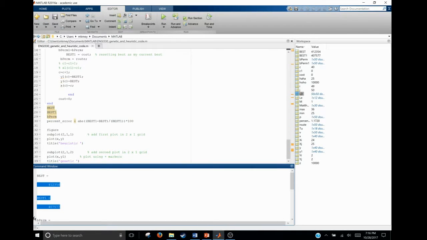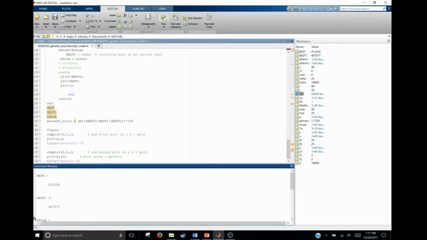And here we have the best layouts given by each of the two algorithms. The cost for the best heuristic algorithm is $412,000, while the best of the genetic algorithm's cost is $407,000. So that's a difference of around $5,000.